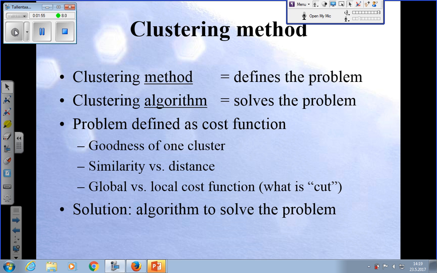Typically we define the cost function as the goodness of one cluster. So we know how compact it is, or whatever the criterion, based on similarity or distance. And then comes the cost function, which is global or local. And these kinds of cut-based methods oftentimes don't actually optimize some global cost function itself, but they try to make this cut, separate the graph into two halves or whatever division.